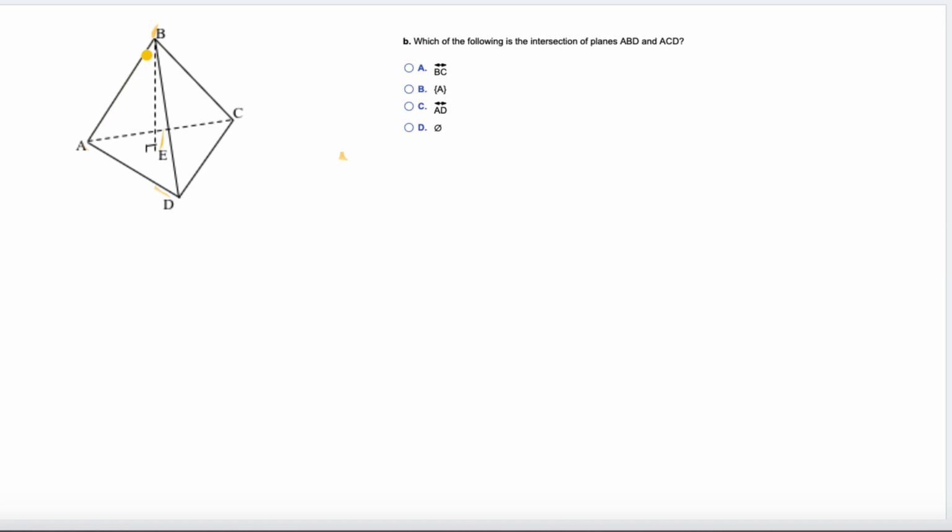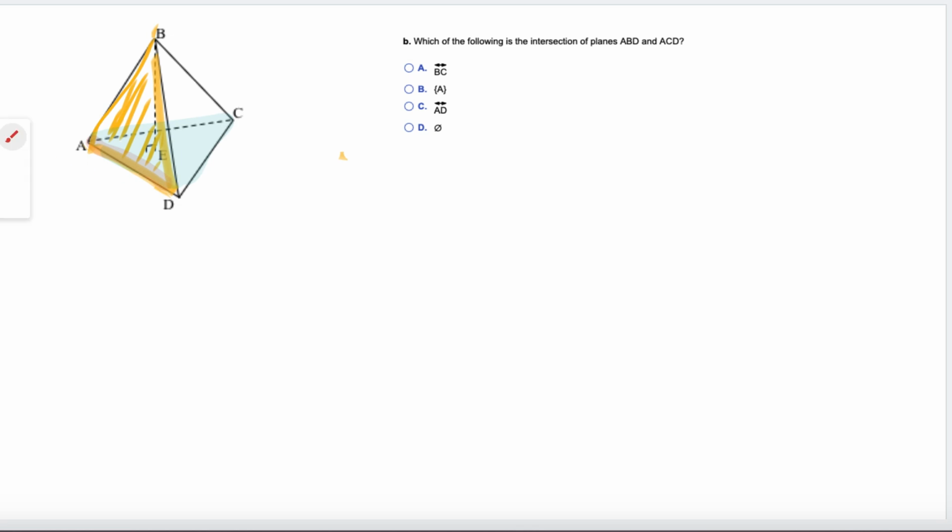We're talking about this plane, this side of this pyramid, and ACD is the bottom, the base. These two are intersecting, right? Where do they meet? They are meeting right here.